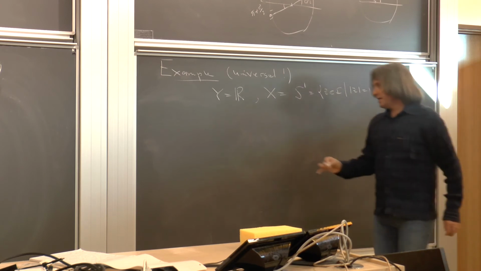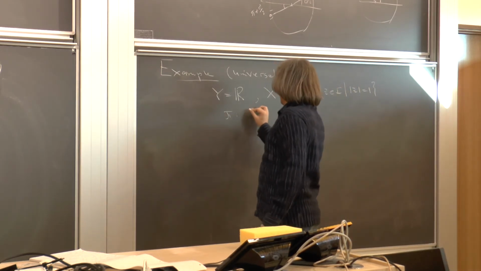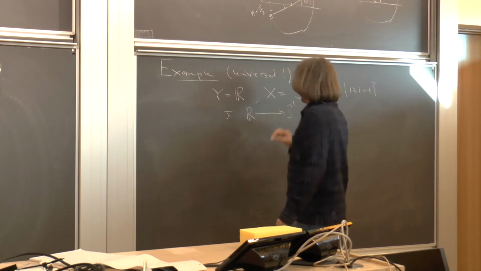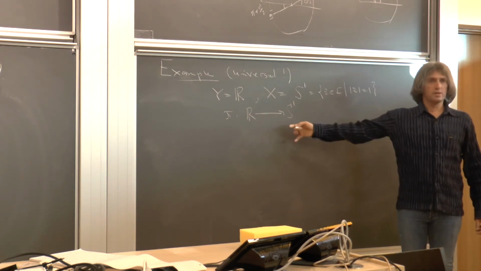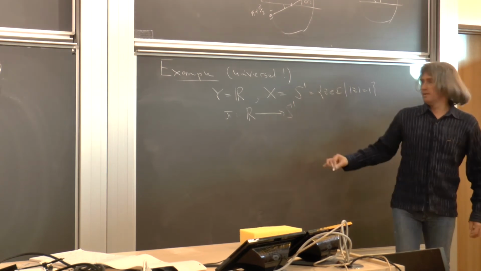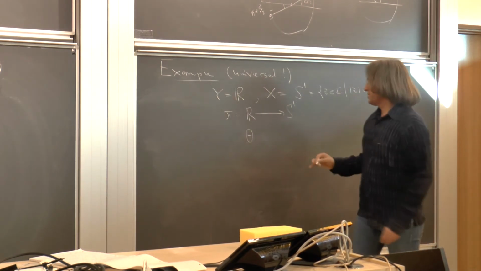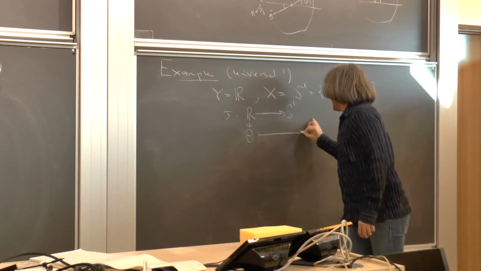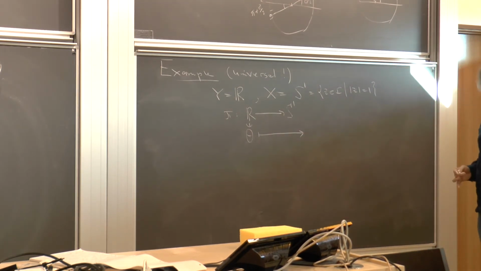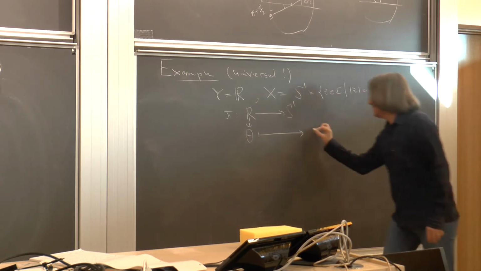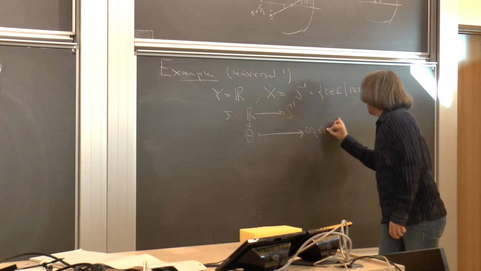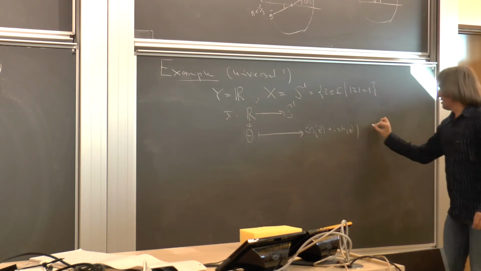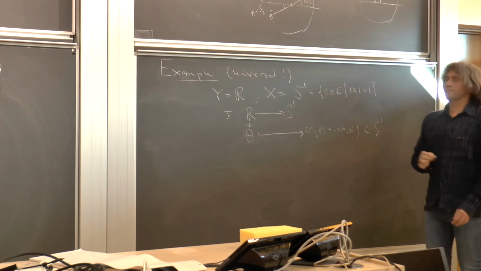Let's define pi from R to S1. I think you should understand what I'll be doing. Theta, which is an element of R, goes exactly to cosine of theta plus i sine of theta, which is a point on the unit circle.